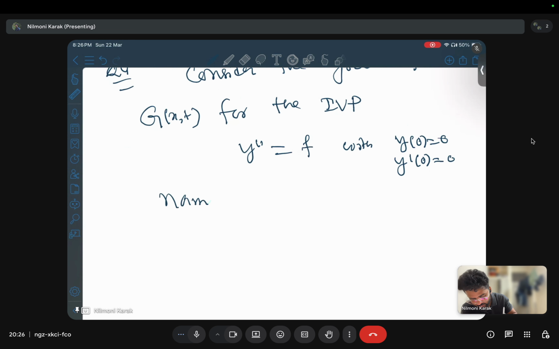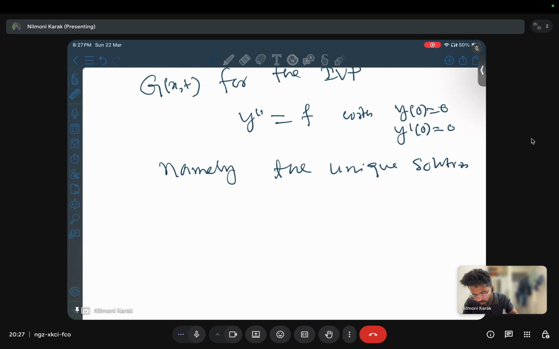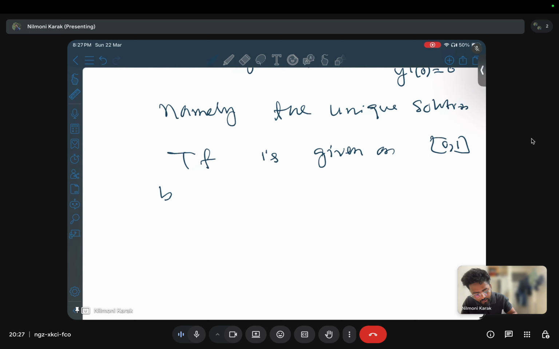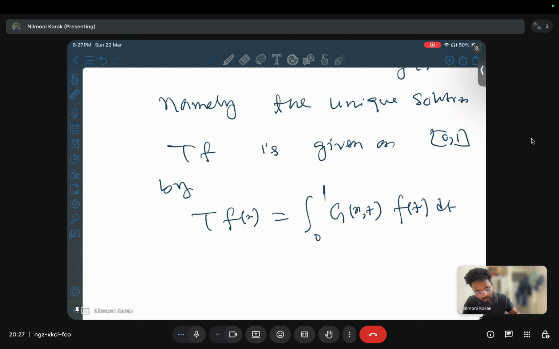Namely, the unique solution is given by the following.